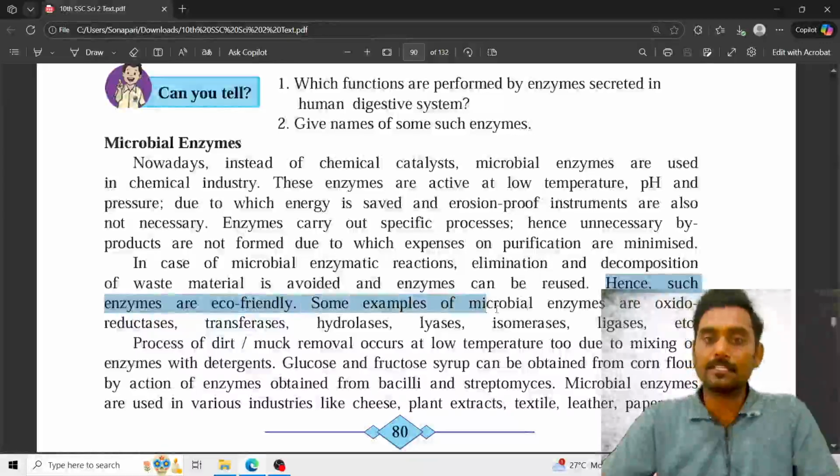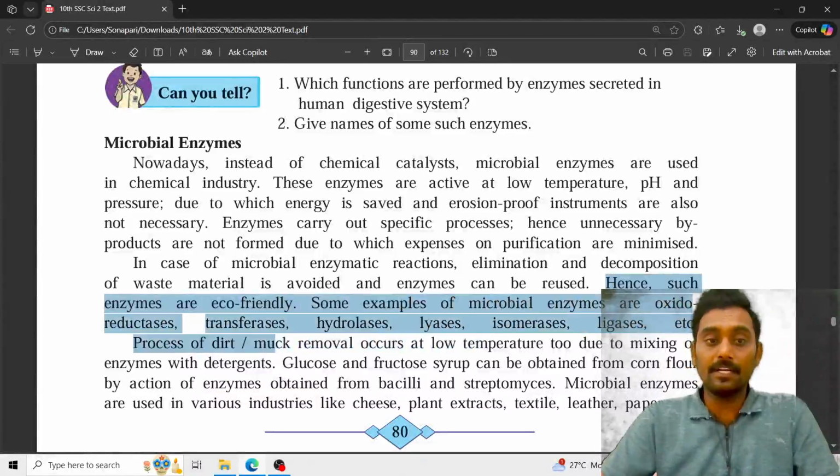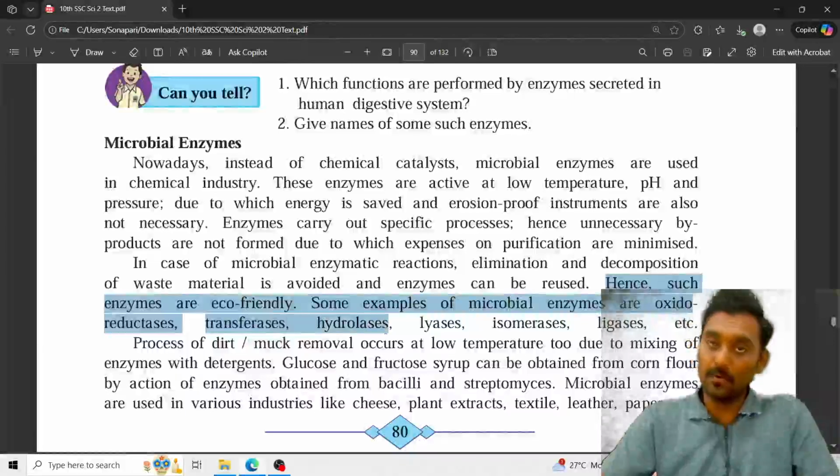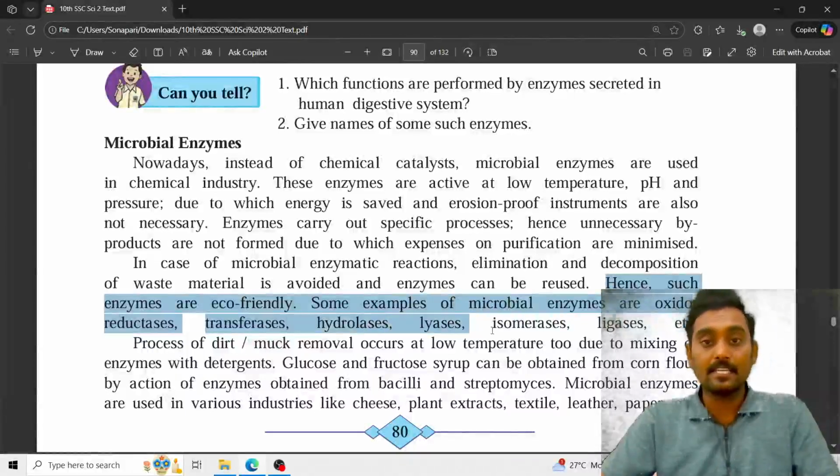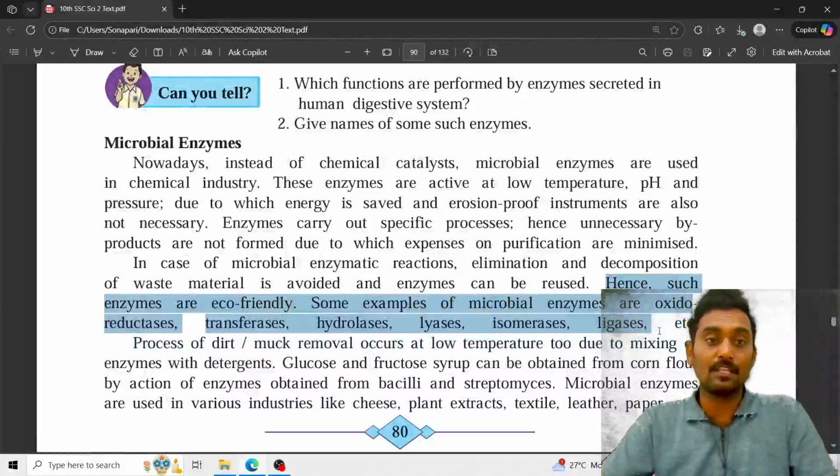Some examples of microbial enzymes are oxidoreductase, transferases, hydrolases, lyases, isomerases, ligases. Okay, so these are some enzymes which are used in the microbial enzyme industry.